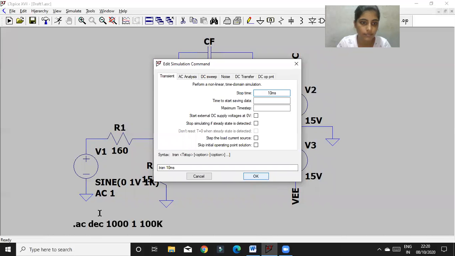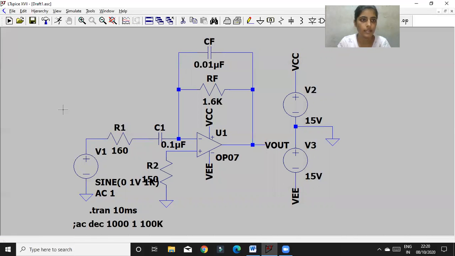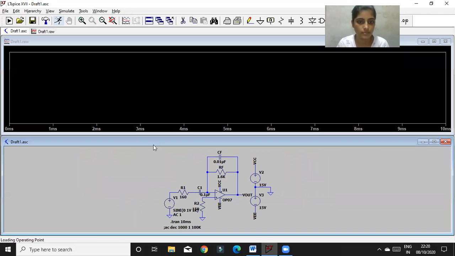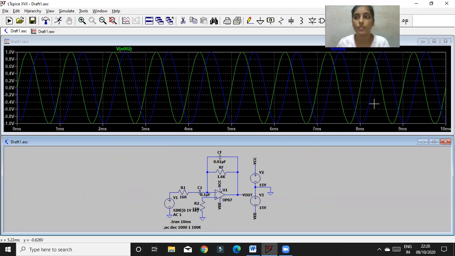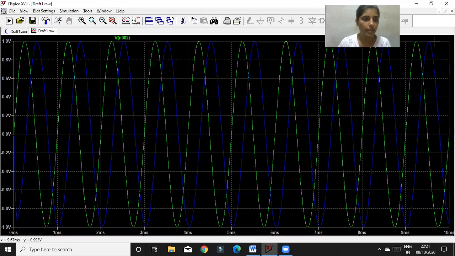I run this. This is my output for the sine wave, which gives a cosine, where my input is 1 volt and my output is also 1 volt.